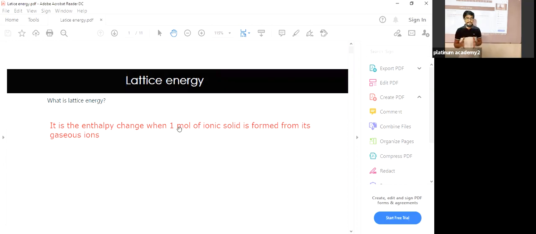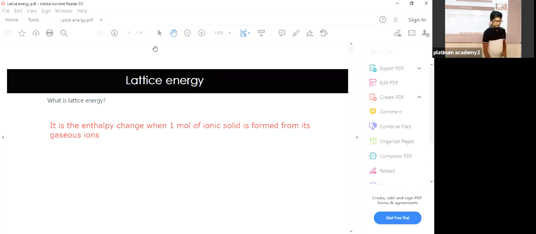Now think about lattice energy. Whether it's exothermic or endothermic, what do you all think? Lattice energy, is it exothermic or endothermic? Exothermic, because bond forming is always exothermic. So lattice energy is always negative because it's bond formation.